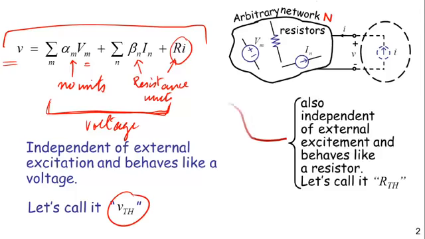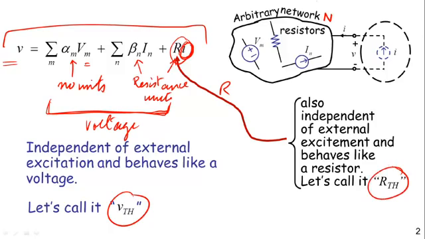Now, the second component clearly depends on the current I. But the multiplier R is also independent of external excitation and behaves like a resistor. So let us call that RTH.